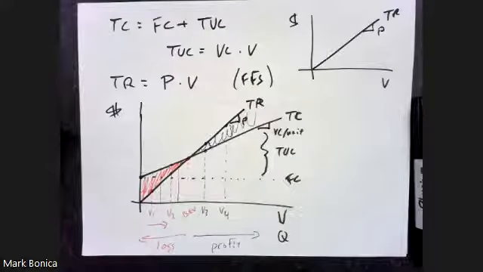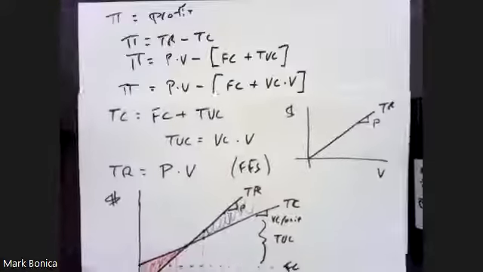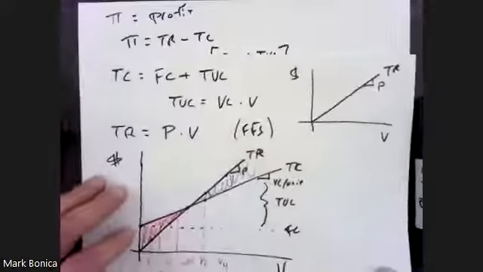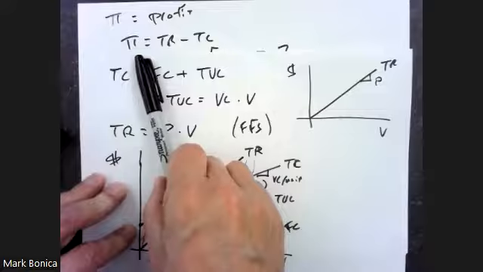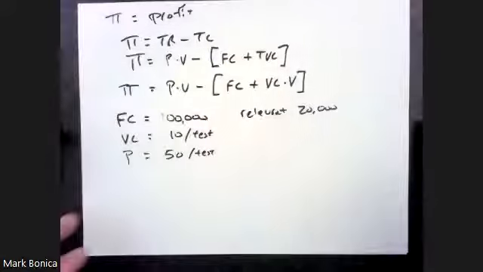Total revenue equals total cost. If this number and this number are the same, what value am I going to get for profit? 0, right? So the break-even condition is going to be where profit equals 0.